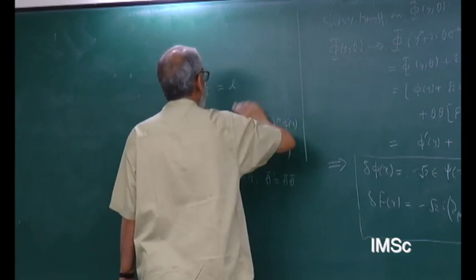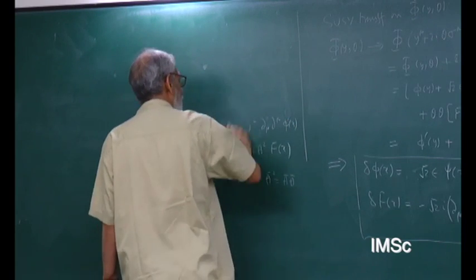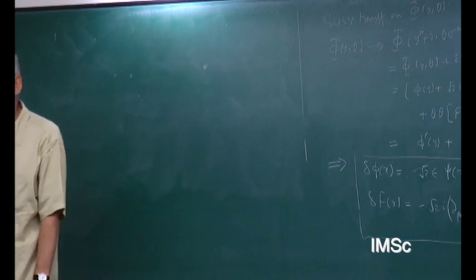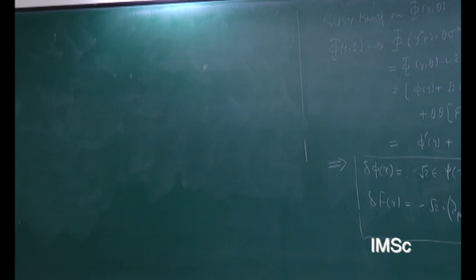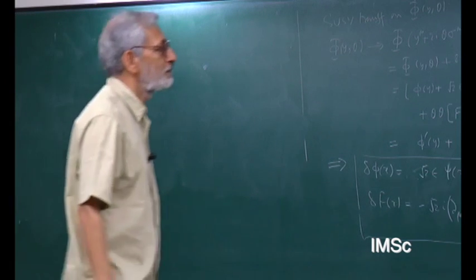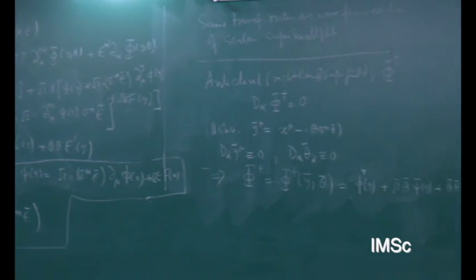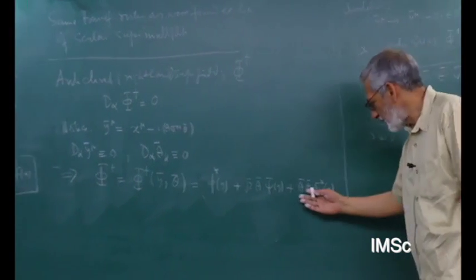The F term of these superfields. The F term is the term that comes with the theta squared coefficient. Here, theta squared or theta bar squared.